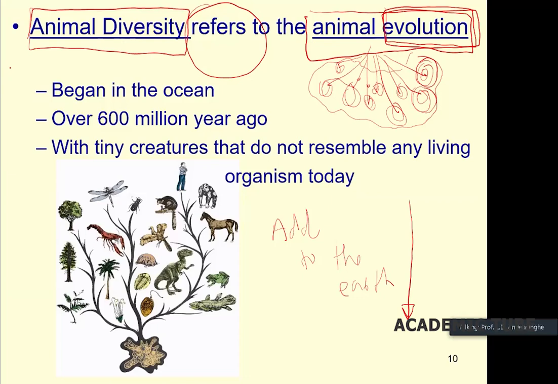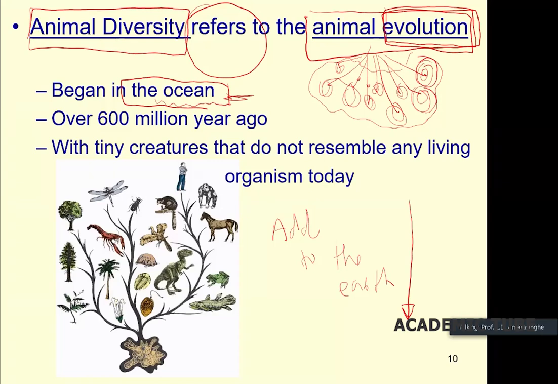So animal evolution initiated, they evolved from, or life began from the ocean. Life began from the ocean. So you have to imagine now there must be some kind of organism similar to animals remaining in water.